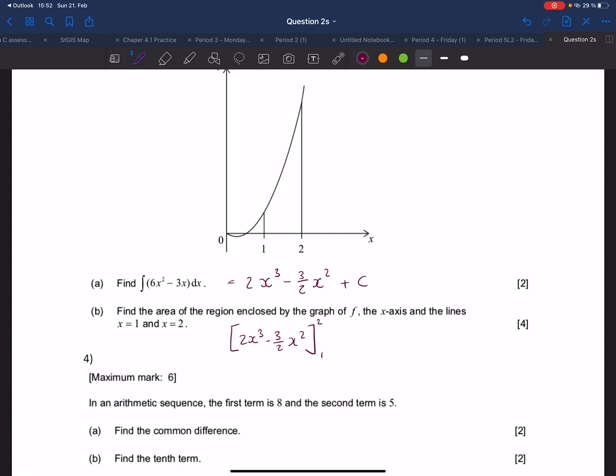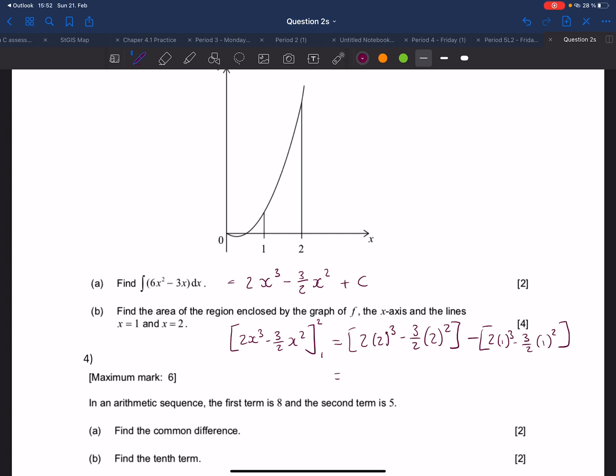Then I can substitute the 2 in and subtract the same thing with the 1 substituted in. So that's going to look like 2 times 2 to the power of 3 minus 3 over 2 times 2 squared, and then minus 2 times 1 to the power of 3 minus 3 over 2 times 1 squared.